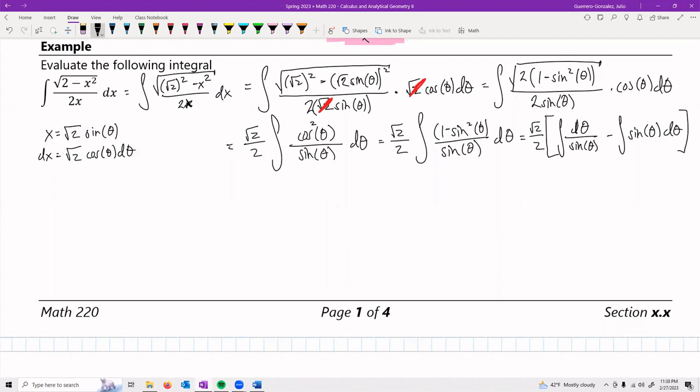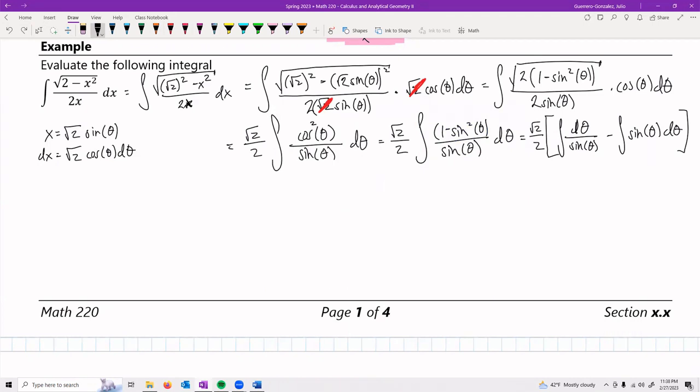If you do all of this, it should reduce down to that. I'm skipping a couple of steps, so I do expect you guys to be able to fill in the blanks there.